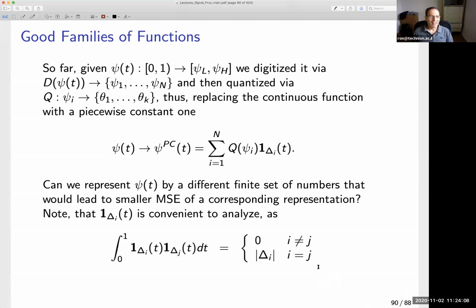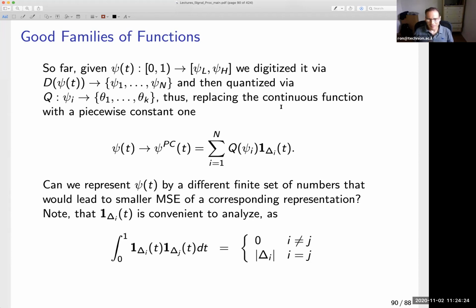and the idea goes as follows. So if before what we had is this kind of a function, now what we would like to do is ask the question: can I find a family of functions by which I can represent my given function?